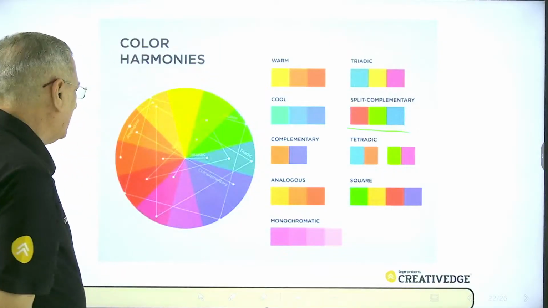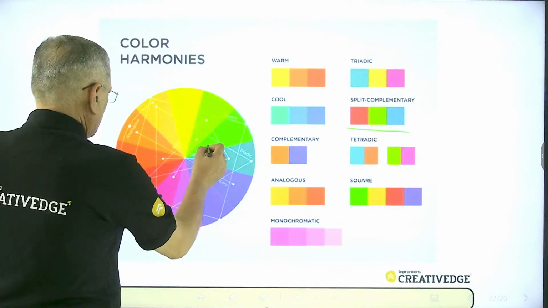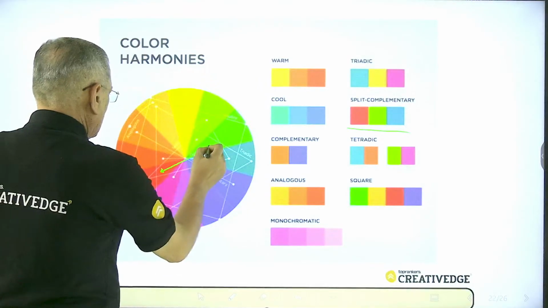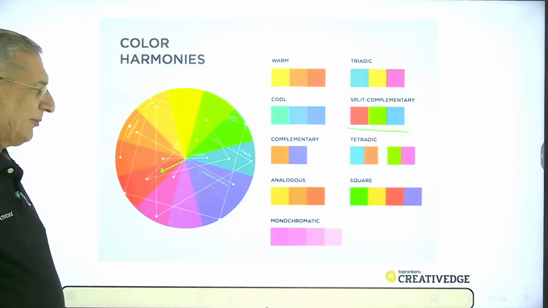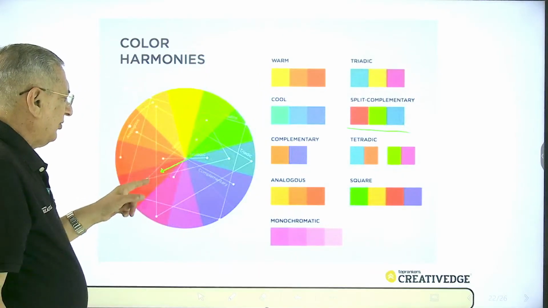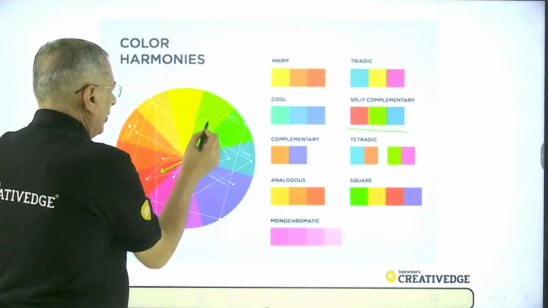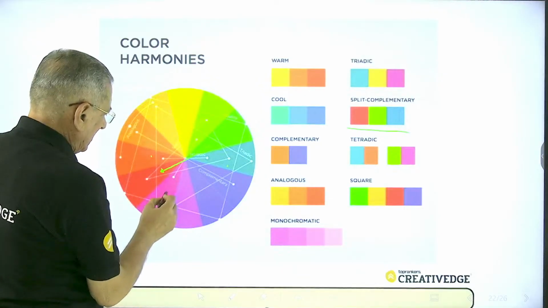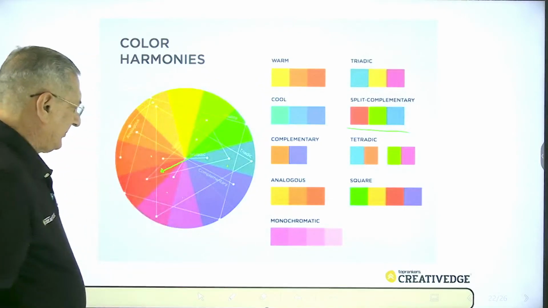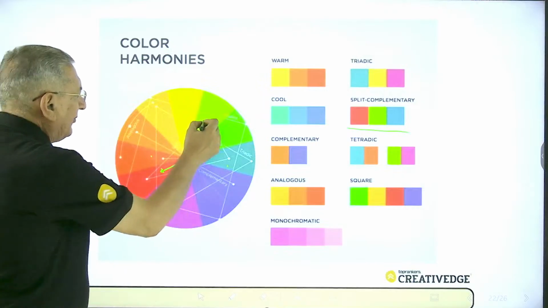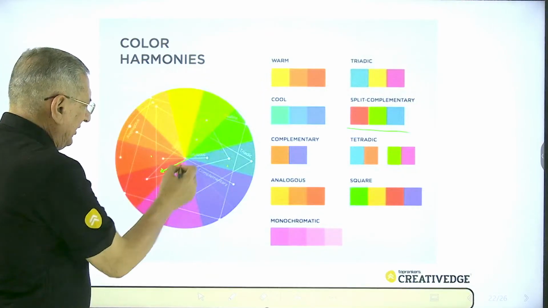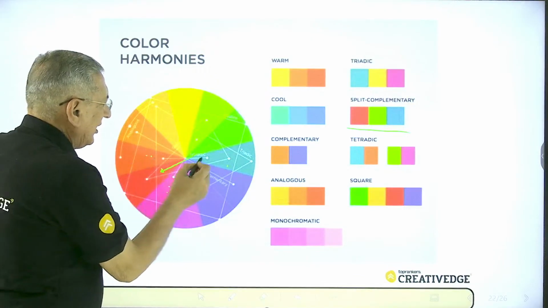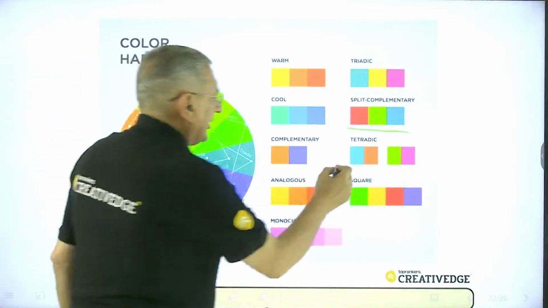Take the example again of red and green as complementary colors. Their respective split complementary colors are yellow green, greenish blue, reddish orange, and reddish violet. So the pair of yellowish green and reddish violet and the pair of orangish red and greenish blue. That is what is here.